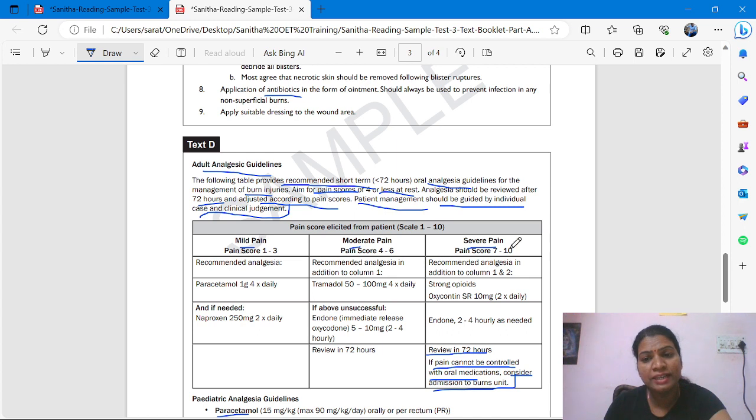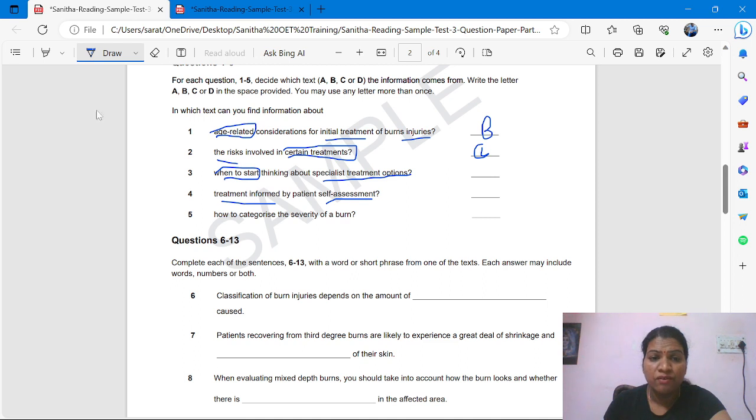If pain score is 7 to 10, we have to recommend analgesia in addition to column 1 to 2, and give strong opioids. So the question: treatment informed by patient self-assessment. What is the answer here? D. Pain score assessment.